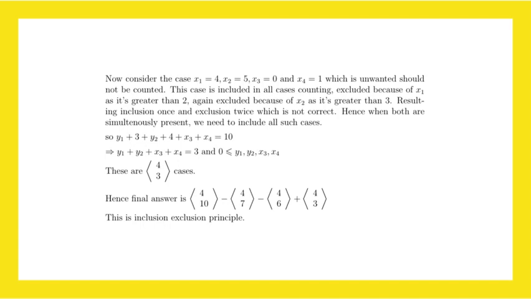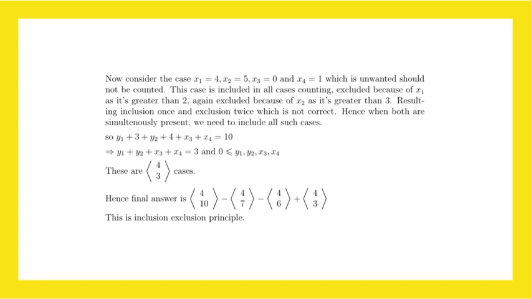So we will change the variable x1 to y1 plus 3, and x2 to y2 plus 4 simultaneously and solve the new equation, y1 plus y2 plus x3 plus x4 is equal to 3 now. So these are the cases when both x1 and x2 are greater than their upper limits.